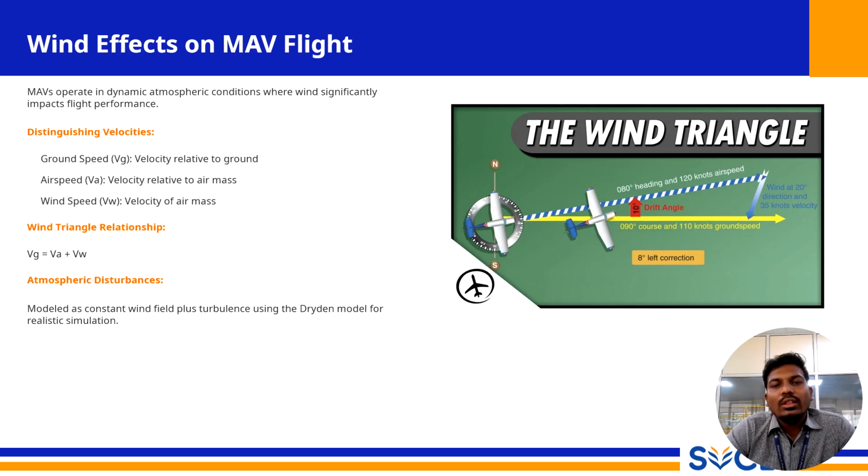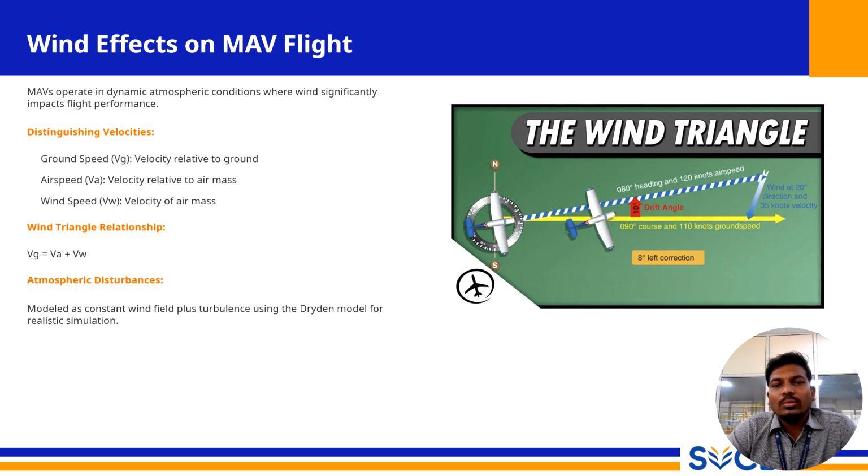The angle between the aircraft's heading and its actual course over the ground is the drift angle, and in this case it requires an 8-degree left correction. The MAV pilot must perform this same calculation continuously to stay on the planned flight path. To ensure our control system is robust enough for these conditions, we must also simulate them.